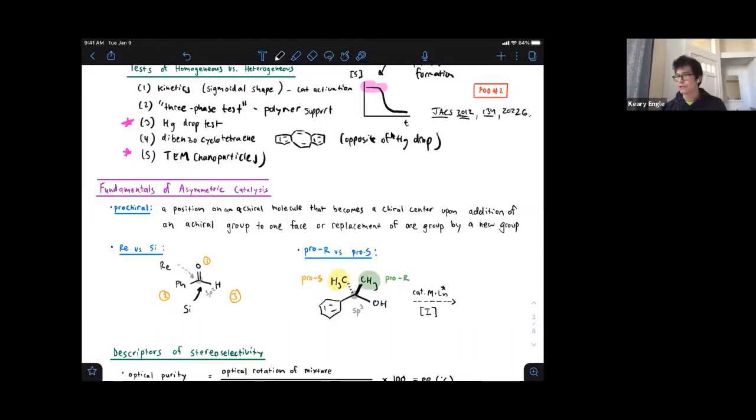So the Re versus Si face of a molecule comes from just putting it in the plane of the page and then assigning priorities using standard Cahn-Ingold-Prelog convention.